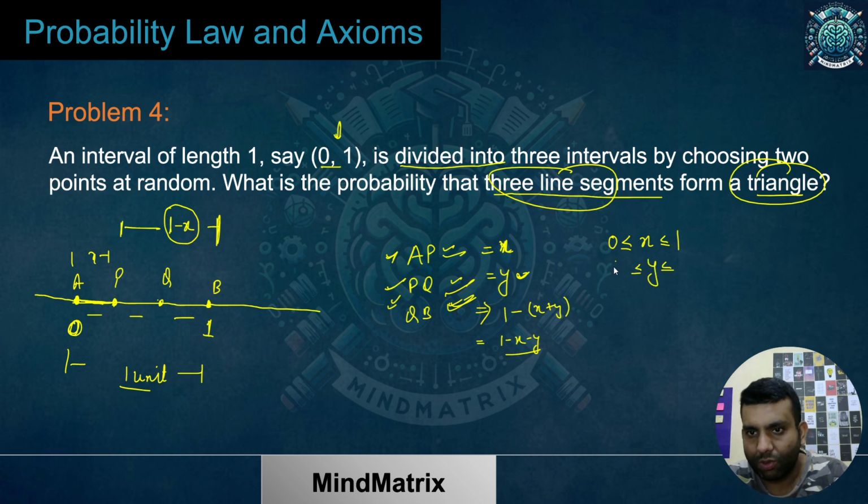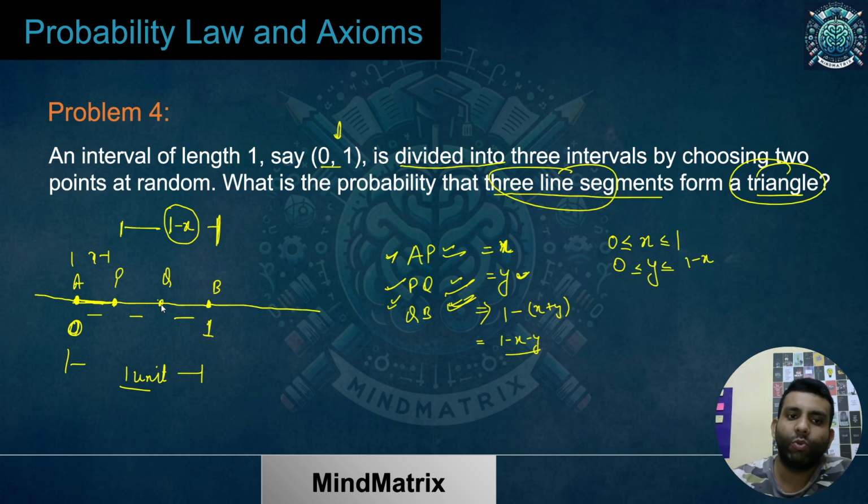Y can be 0 or it can be less than or equal to 1 minus X. Why 0? Because Q will then be coinciding with P. And if Y is equal to 1 minus X, that means Q is lying on the point B. I hope that is clear.